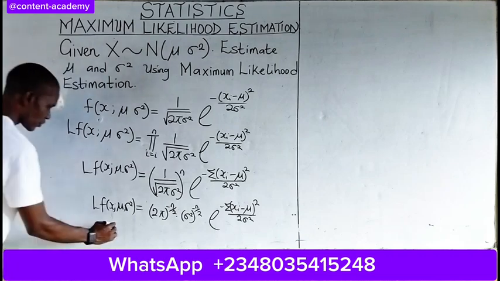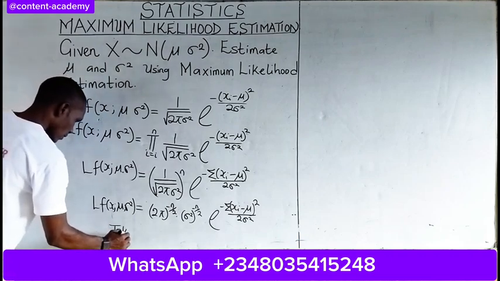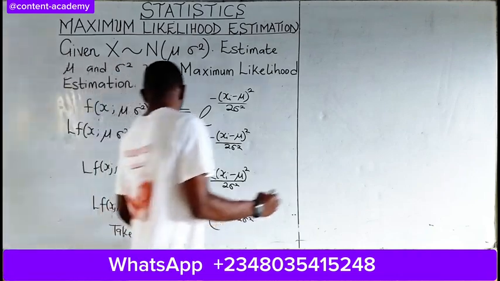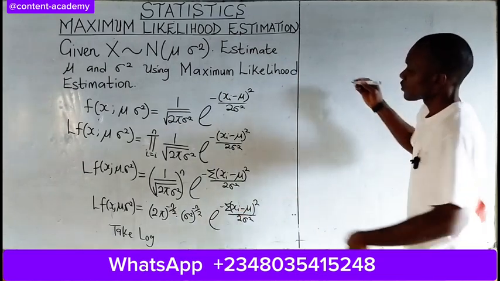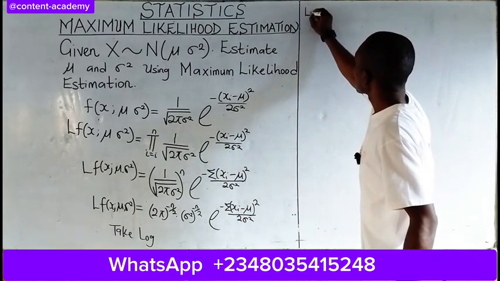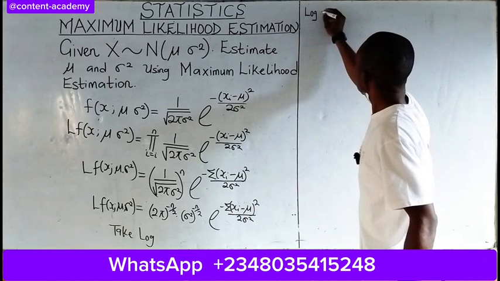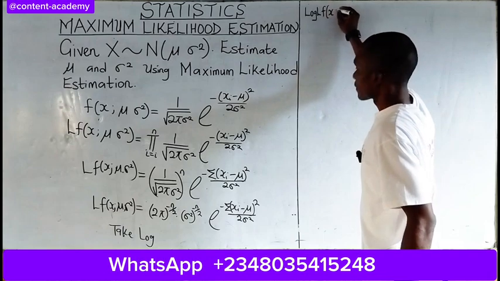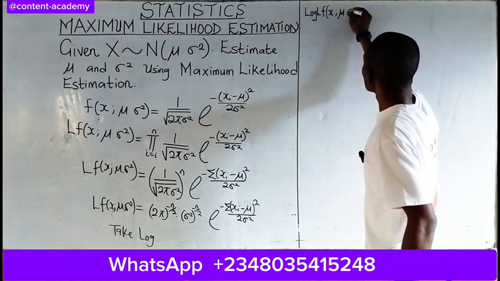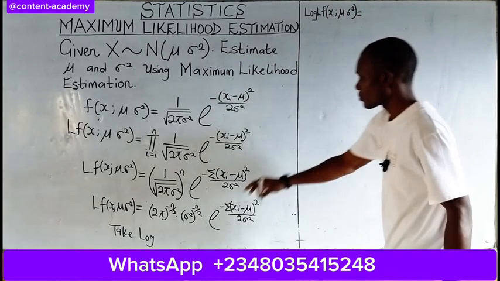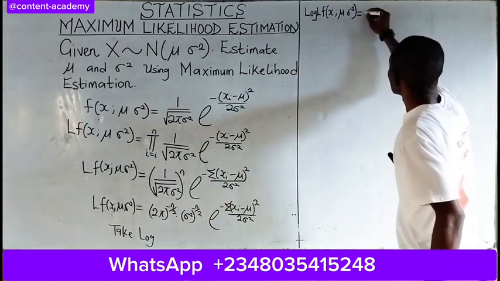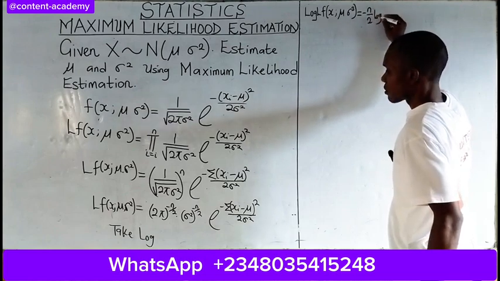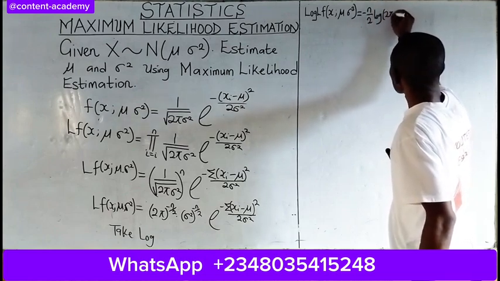The next thing to do is to take the log of these functions. So taking the log of this function, we get log L of f(x; mu, sigma squared) equal to negative n all over 2 log 2 pi.